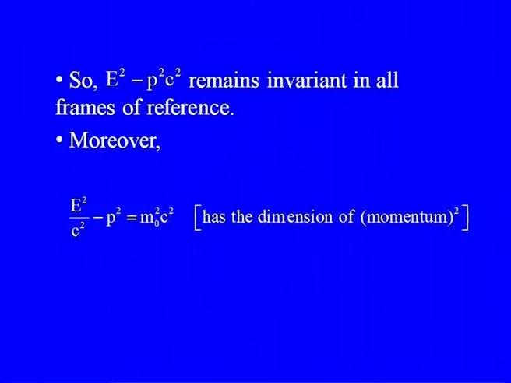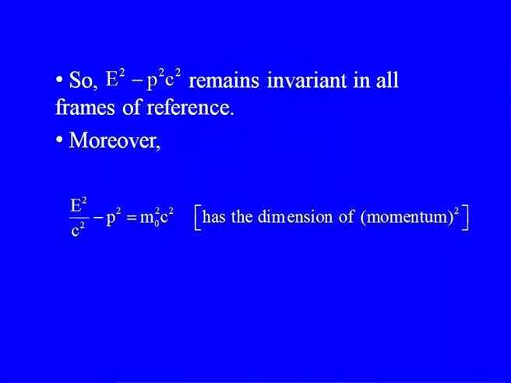Because what it tells you is that this group of variables, E squared minus P squared c squared, remains invariant in all reference frames. Of course, these reference frames are moving with constant velocity with respect to each other. So that's what we have: E squared minus P squared c squared remains invariant.